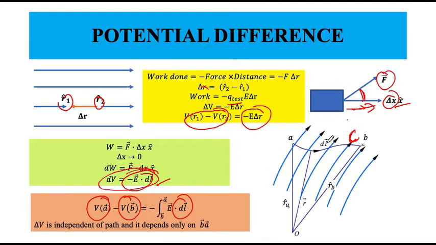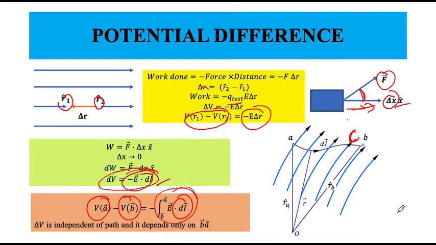Note that both the electric field and the line segment are vectors. So you need to specify the direction of the path, as well as the corresponding values of the electric field at each point in the path that you are taking.